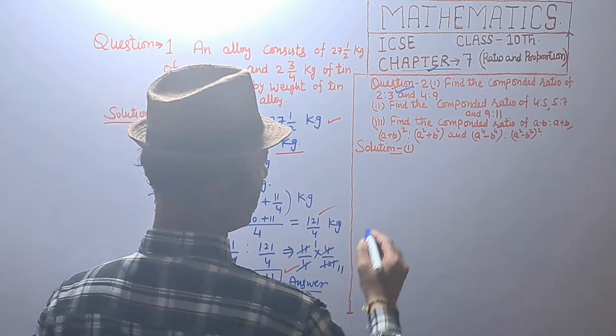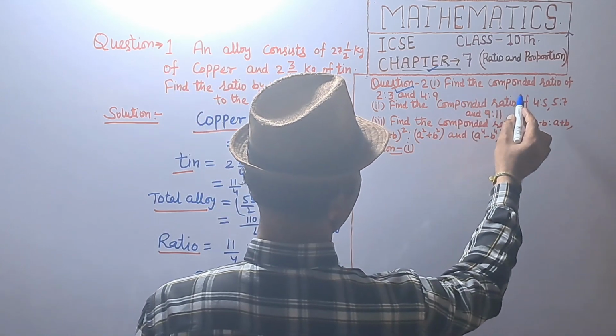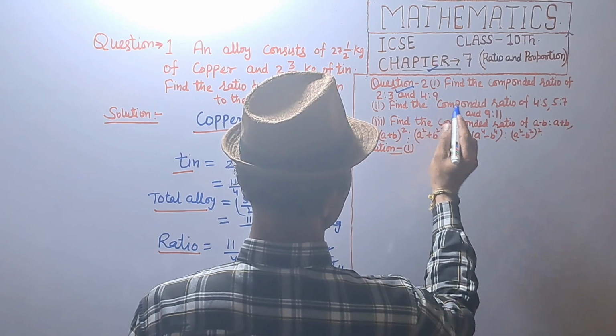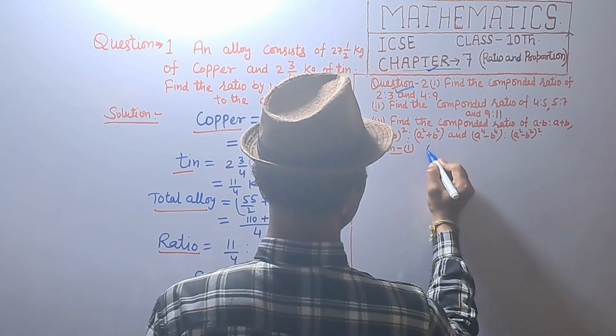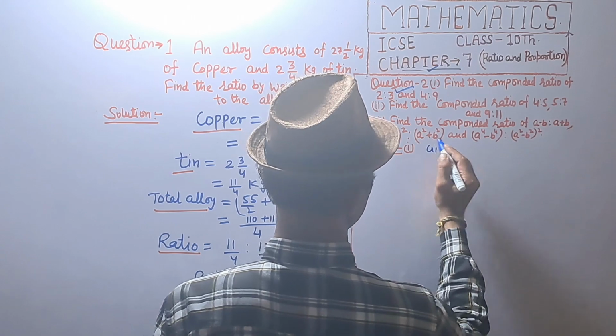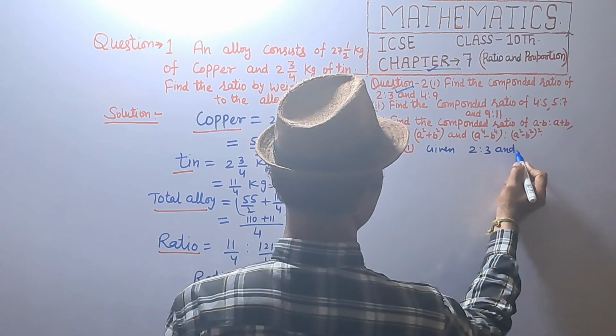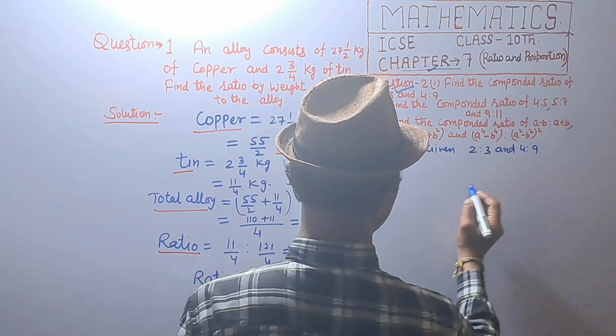Question number second, first part. Find the compounded ratio of 2:3 and 4:9. Given ratio is 2:3 and 4:9.